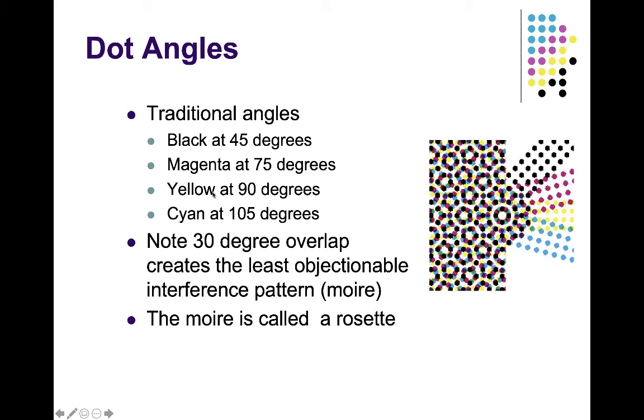Any screen at an angle other than 30 degrees will give us an unpleasant moire. Yellow is used between 75 and 105, that is 15 degrees, because it's not visible, yellow being very hard to see, so your eye won't pick up the unpleasant interference patterns.